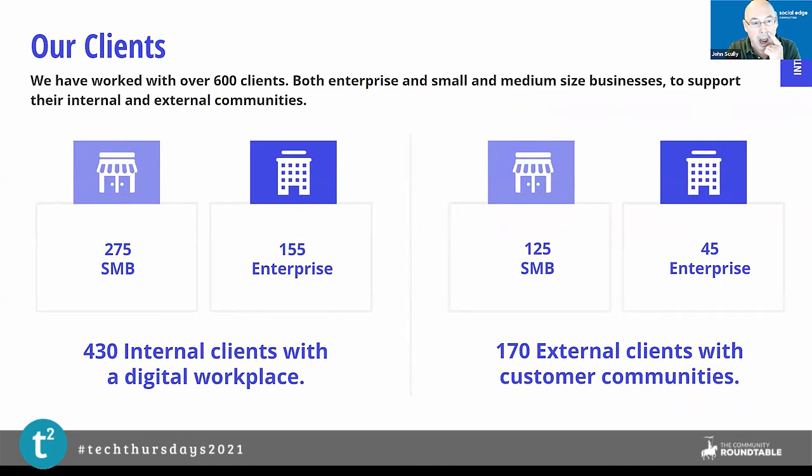It's just a high level on our client base. Again, 275 or so small and medium business, SMB, and 155 enterprise. That's on the internal side. On the external side, 125 SMB and 45 enterprise clients.